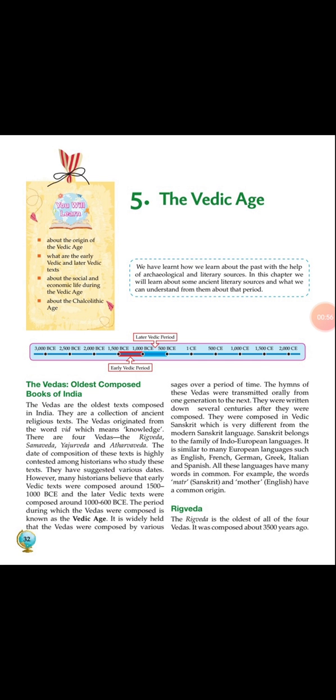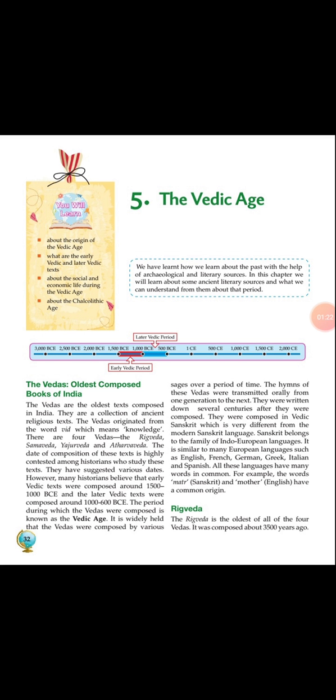The early Vedic period extends from 1500 to 1000 BCE, and in this period the Rig Veda was composed. The later Vedic period extends from 1000 BCE to 600 BCE, and in this period the Samveda, Yajurveda and Atharvaveda were composed.